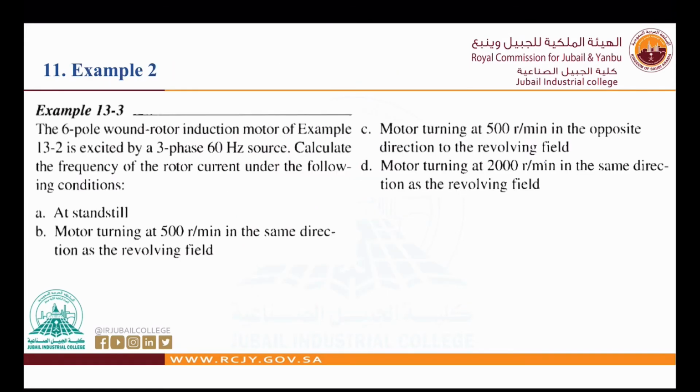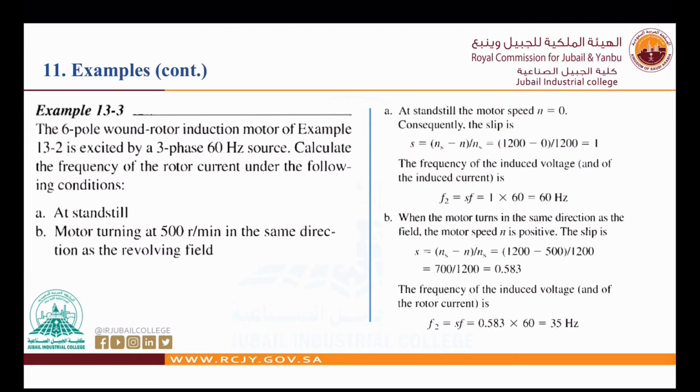Now let us take an example. A 6-pole, 3-phase induction motor is excited by a 60 Hz source. Calculate the frequency of the rotor under the following conditions. A: at standstill. Standstill means the rotor is at zero speed, so the motor speed is zero, right?